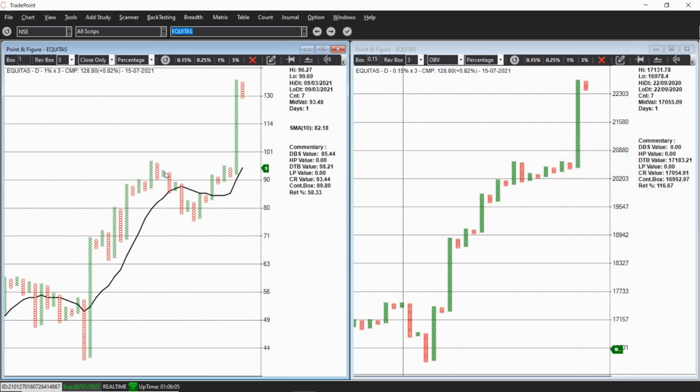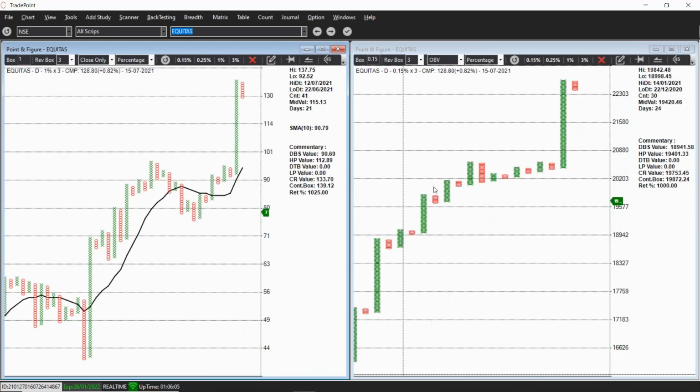Now, what happens is when you see this kind of correction on the price chart, if the OBV chart is still bullish, and I'm looking at it on a 0.15% box value, so there also you don't have any bearish signal or a significant retracement, then you know that the fall in the price is not along with volume.